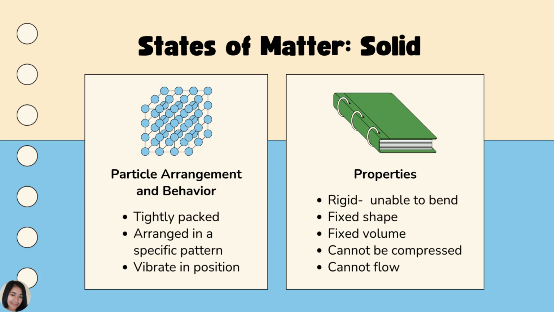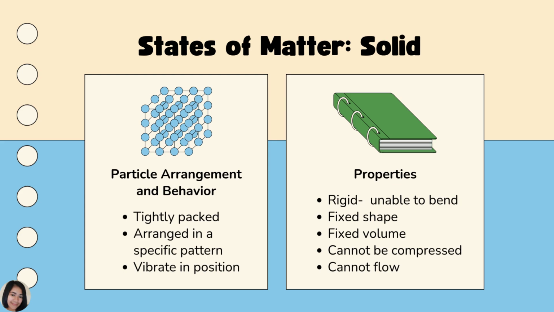Under solid, so we have here the particle arrangement of solid. So, pag nakikita natin siya, under the particle arrangement, tightly packed, arranged in specific pattern, vibrate in position. So, ang kanyang particle, tightly packed lang siya, kaya hindi basta-basta na-fold or nakakarapal ang solid because their particle is tightly packed.